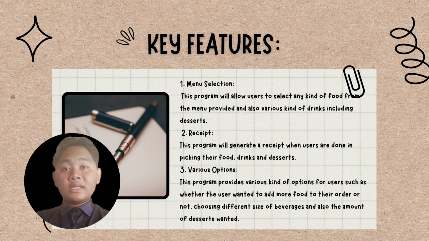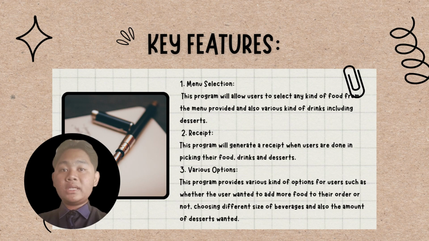For the receipt, this program will generate a receipt when users are done in picking their food, drinks, and desserts. Various options. This program provides various kind of options for users, such as whether the users want to add more food to their order or not, choosing different size of beverage, and also the amount of desserts wanted.